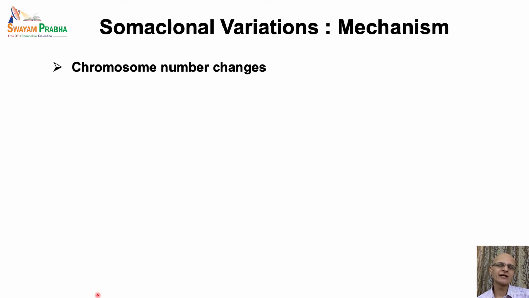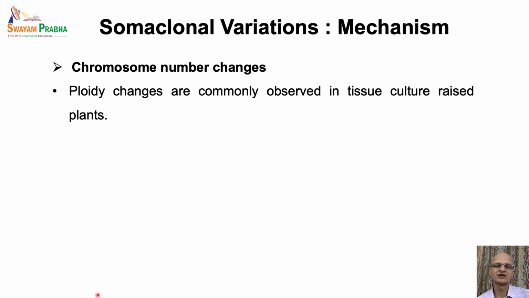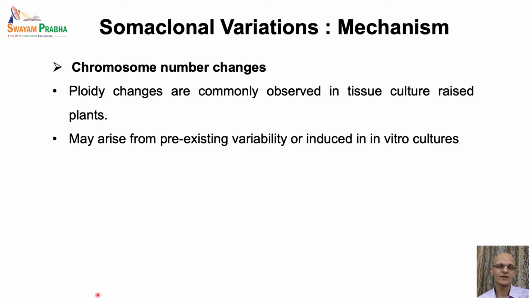So the first one is the change in the chromosome number or the structure. Changes in the ploidy level are commonly observed in tissue culture raised plants. These may be the result of pre-existing variability. That means the ploidy level changes were already there in the cells of the explants when these explants were harvested from the mother plant and were introduced in the in vitro cultures.